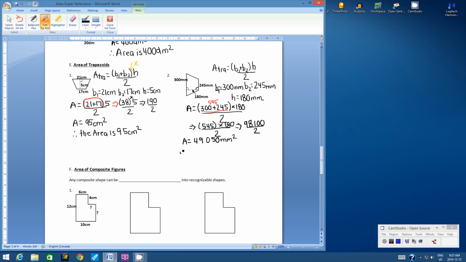Final statement. Therefore, the area is 49,050 millimeters squared.